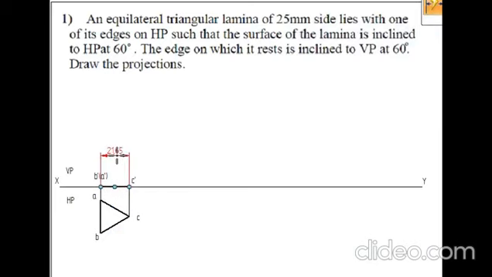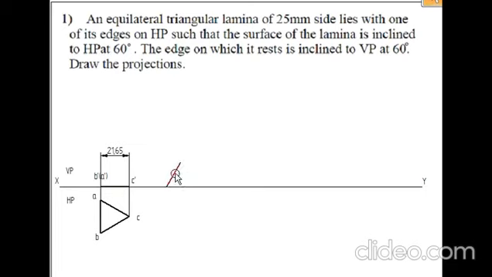What is the length of this line? It is 21.65. So I will draw a line of 21.65 and the angle is 60 degree with respect to the XY line.